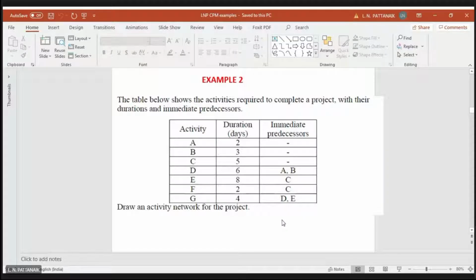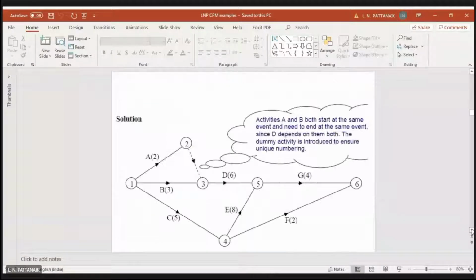Without a single dummy activity, it's not possible because D follows A and B both, and A and B both start from the same node. You cannot have two parallel lines between the same nodes, so you have to use a dummy activity. That's why this is the solution.